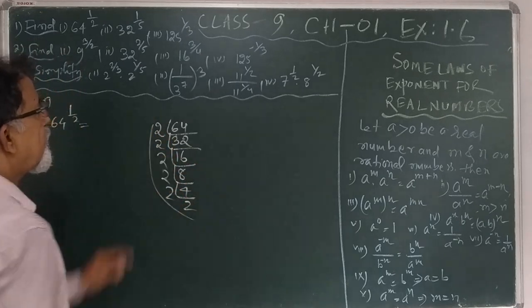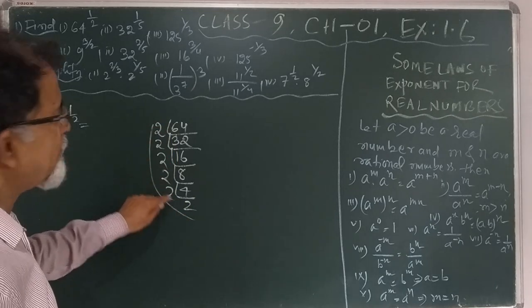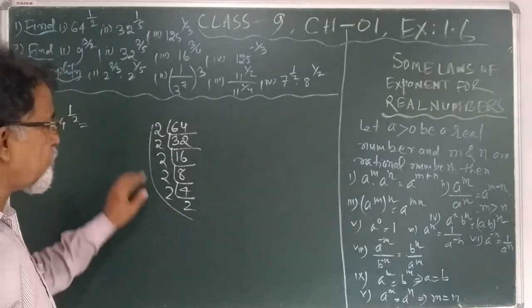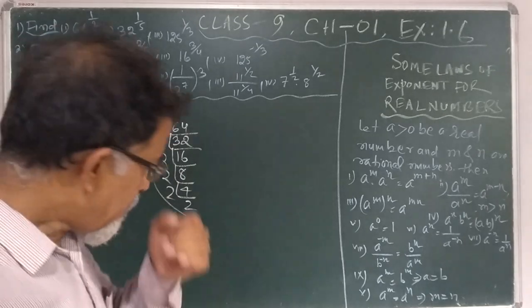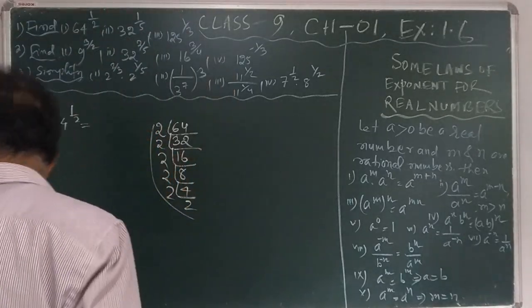Here there are 1, 2, 3, 4, 5, 6 prime factors and all the prime factors are the same.